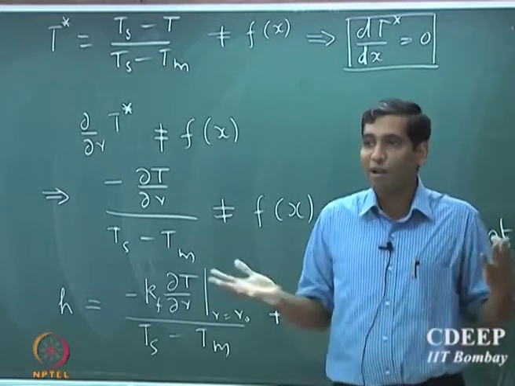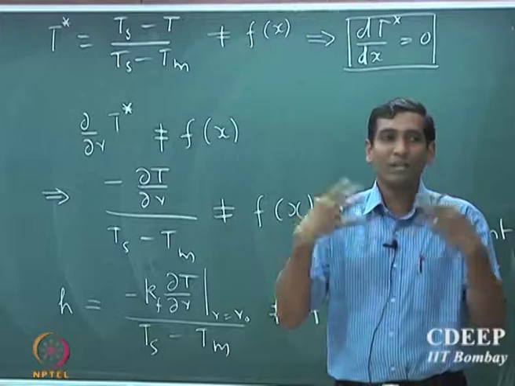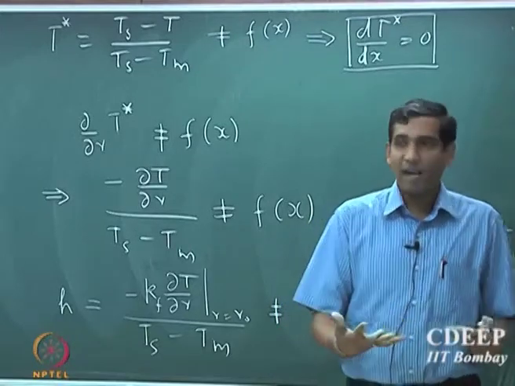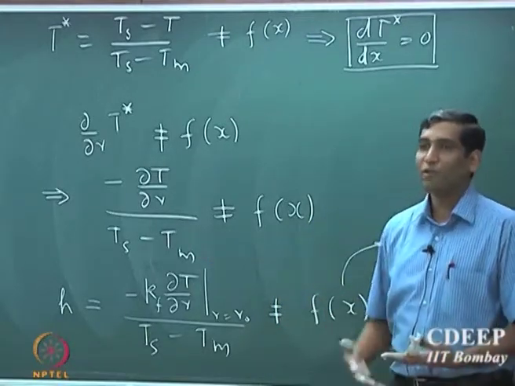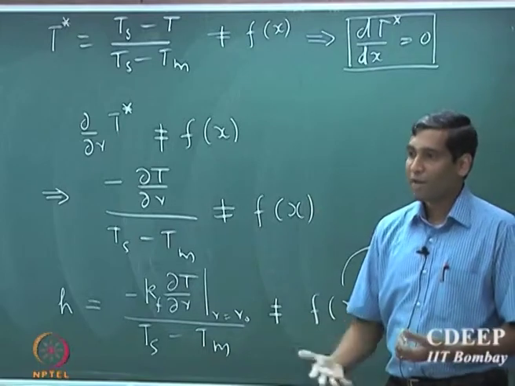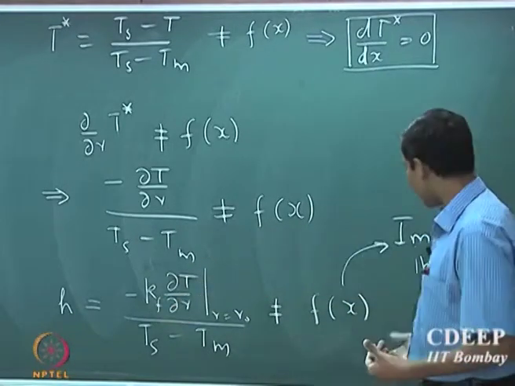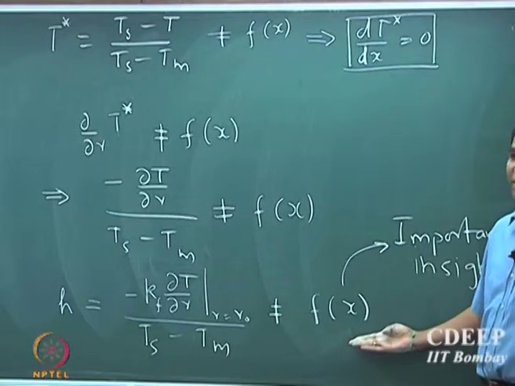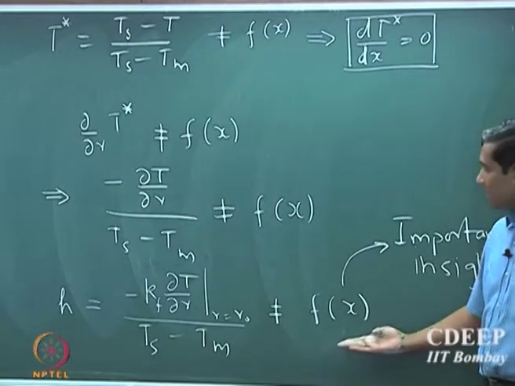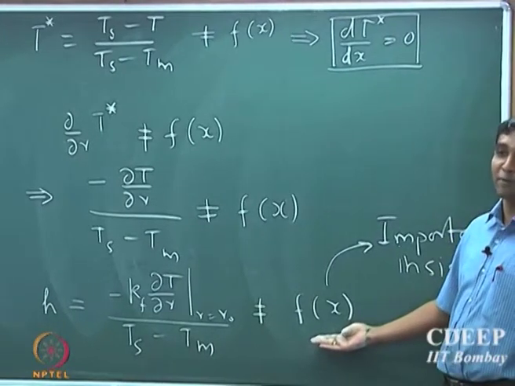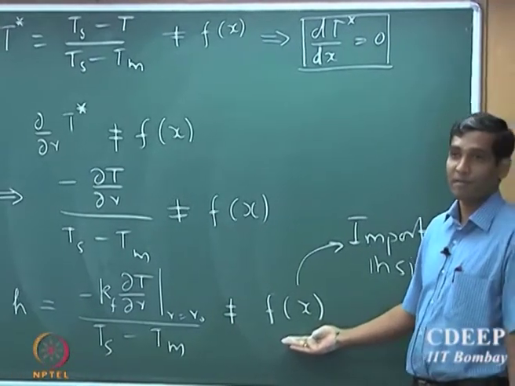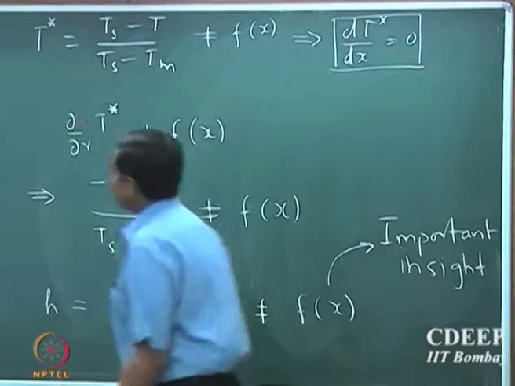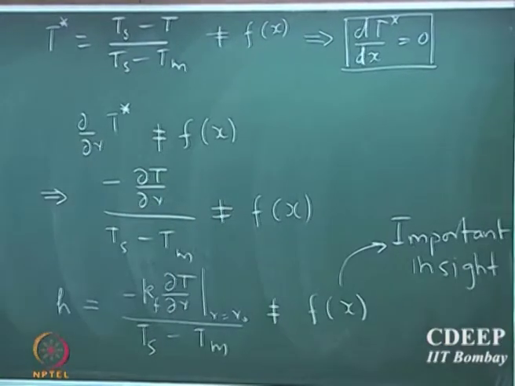So note that we have not solved the equations, we have only looked at the structure of the equation, and we have looked at what is going to be the profile of the dimensionless quantity, and from that we are able to derive an interesting insight that the heat transport coefficient in the fully developed regime is not going to be a function of the axial position.